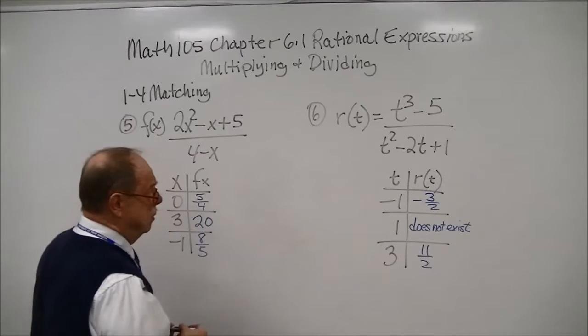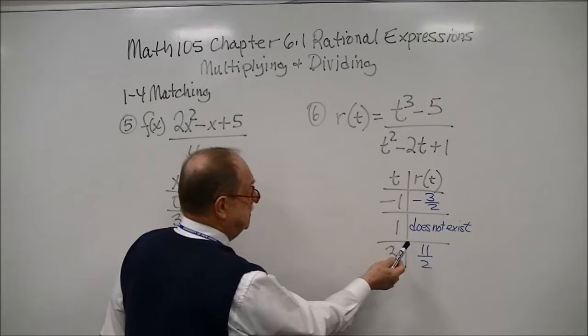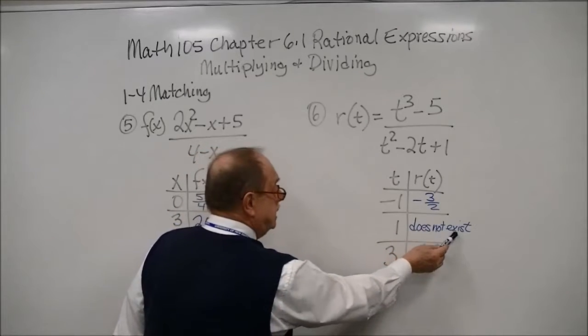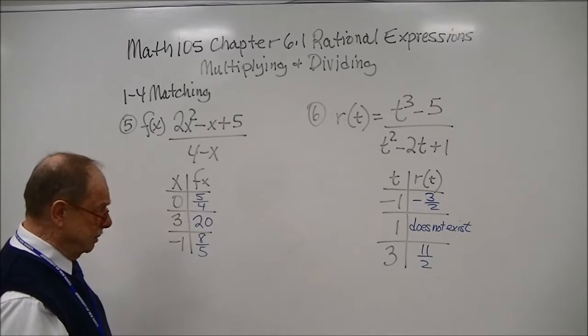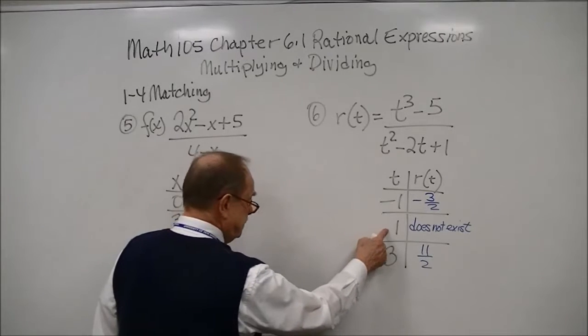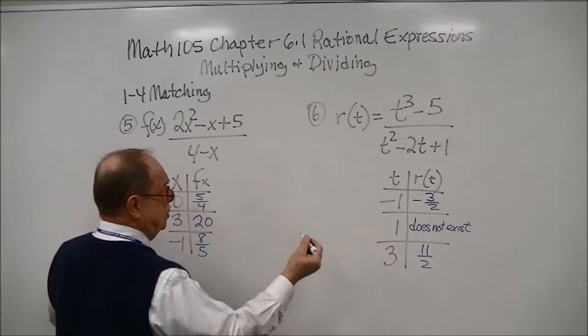Now I thought one over on this side. Again, I'm not going to do them all, but where it does not exist is the answer. So let's substitute a 1 for our t's here and work on that one.